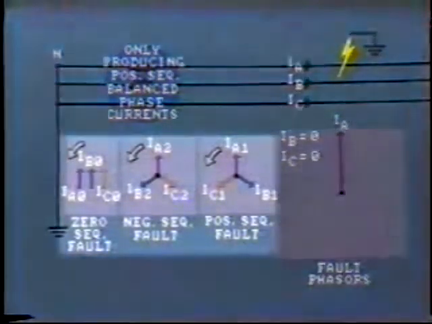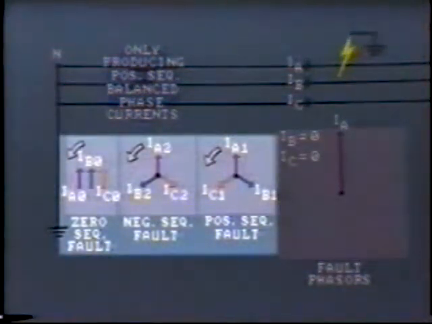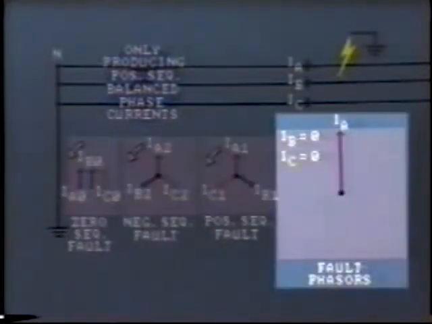Again, we have seen that the sum of the positive, negative, and zero sequence components for each phase add up to give us the actual fault values. So we now come to another very important conclusion, and that is, where a ground fault exists, all 3 sets of symmetrical components are present.